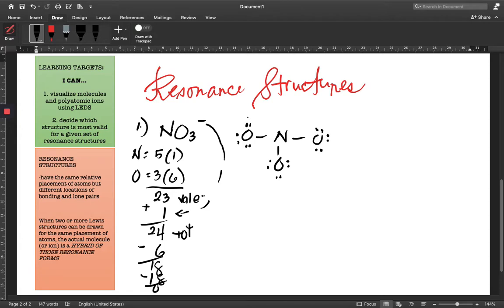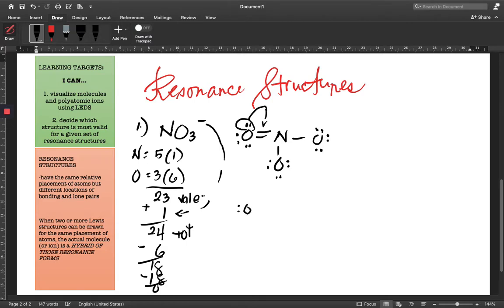What we can do is choose any one of the oxygen atoms to share a pair of electrons with nitrogen such that it will be able to complete its octet. So let's say I choose this pair of electrons from this oxygen atom and make it into another bond such that they will have a double bond in between them.